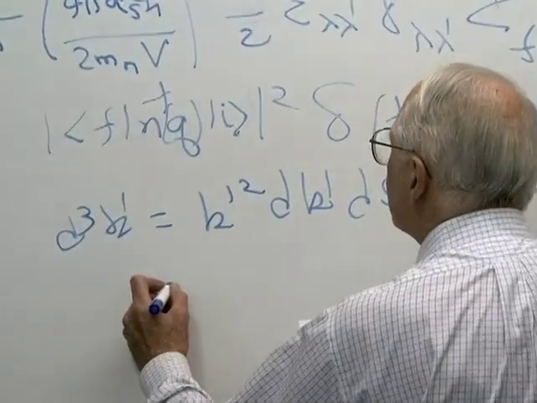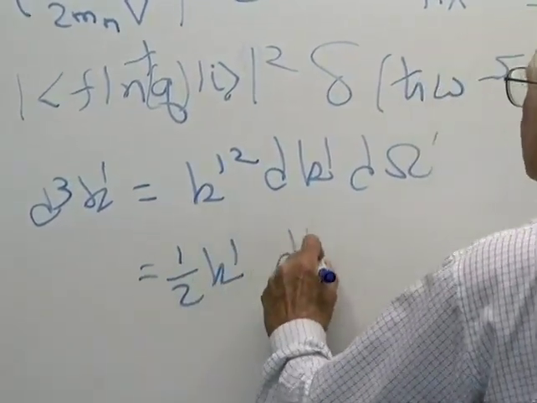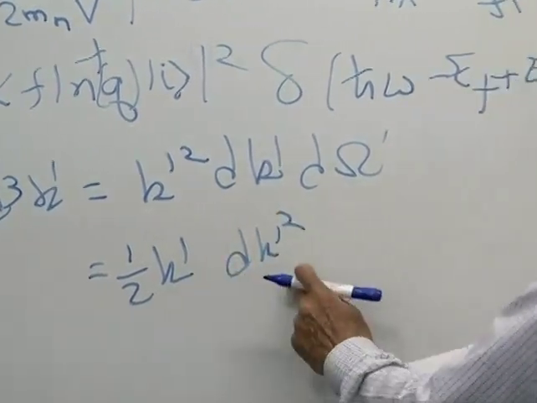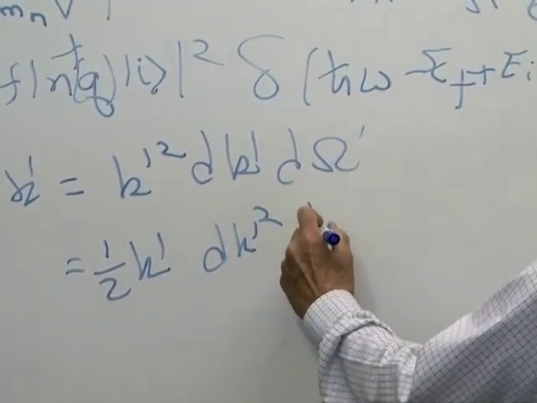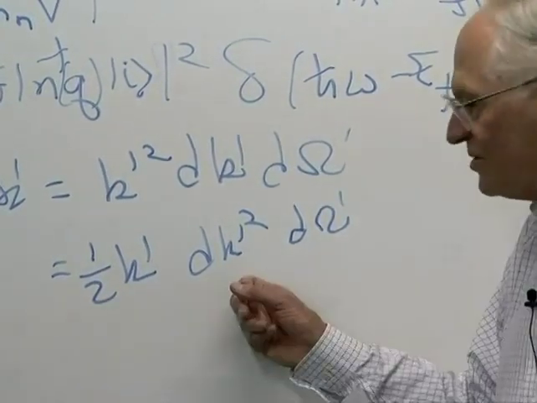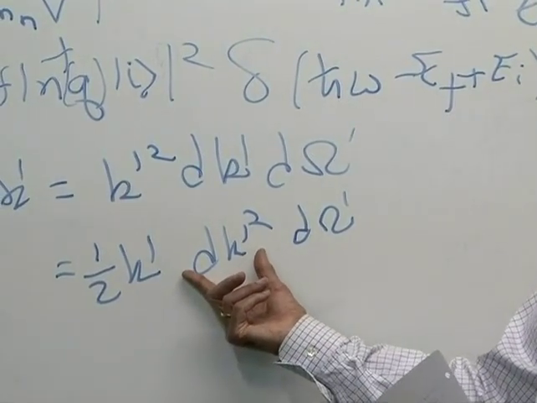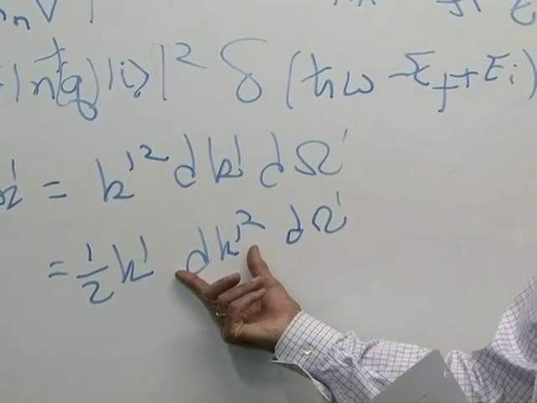And I'm going to write this in what looks like an odd way, ½ k′ d(k′²). So this is the differential of k′² dΩ′. And k′² with a factor of ½ is just what comes into the energy. So this is essentially, apart from numerical factors, the differential of ħω.